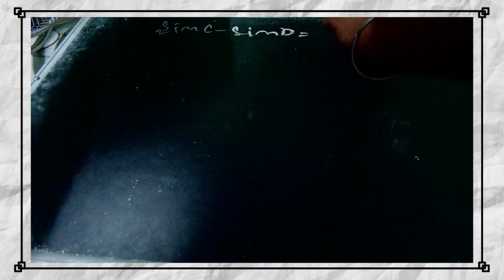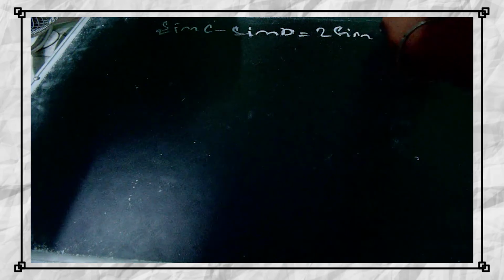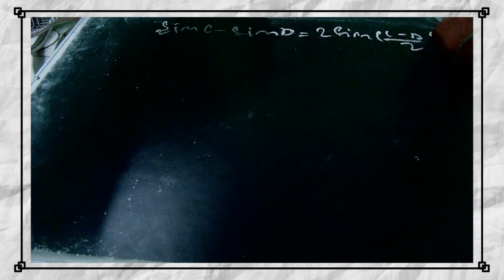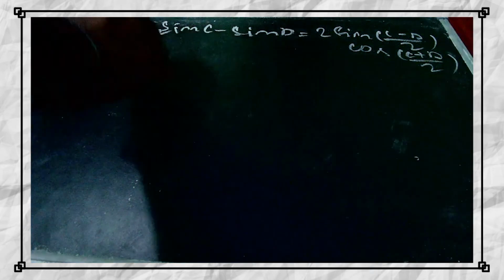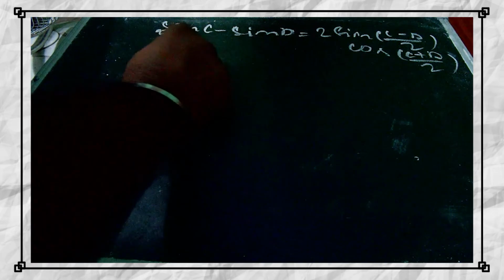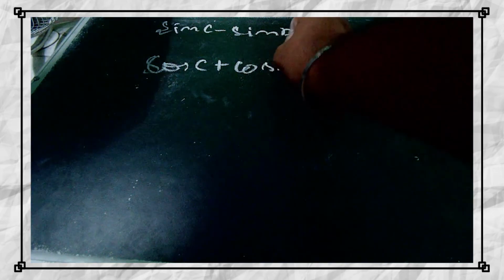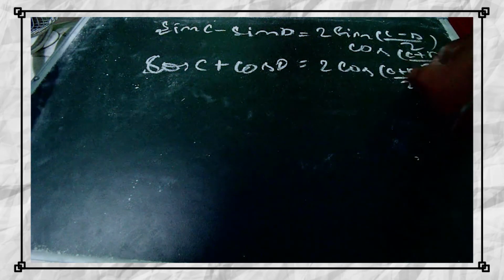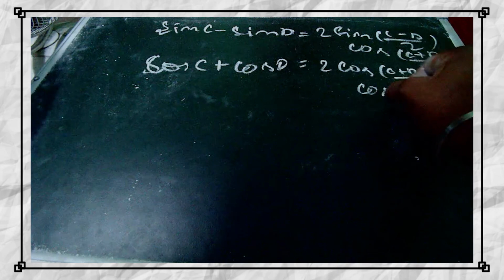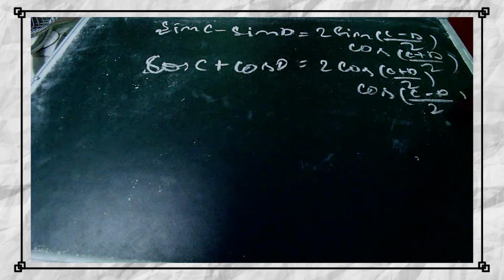The rest of the derivations will be the same, and as these derivations are so long, I am not showing the other ones. The next equation is sin C minus sin D, which is equals to 2 sin C minus D by 2 into cos C plus D by 2. Next, cos C plus cos D is 2 cos C plus D by 2 into cos C minus D by 2.